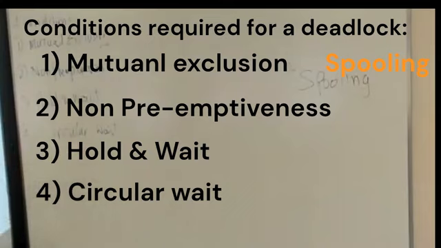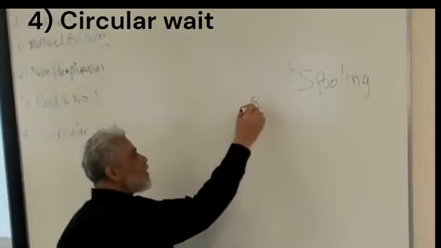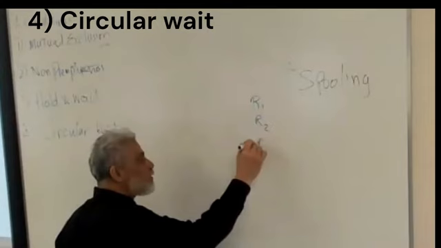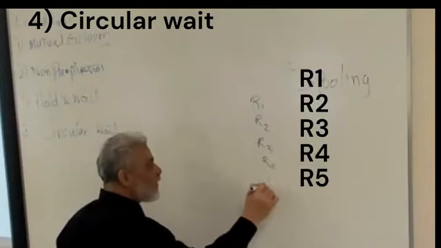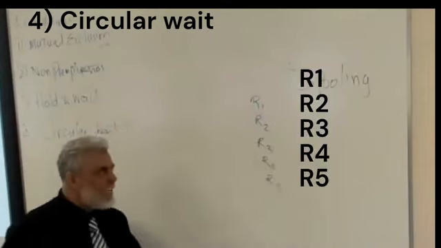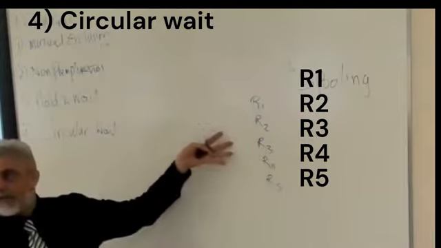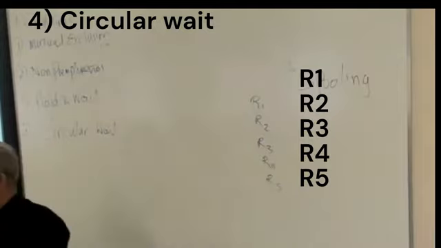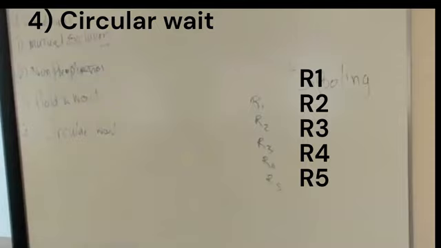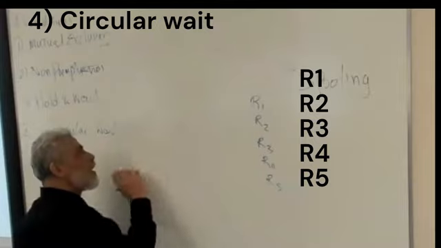Circular wait. How can we stop circular wait? Let's say you have lots of resources. Resource 1, resource 2, resource 3, resource 4. Of course, in every system there are lots of resources. It could be files, hard disks, printers, scanners, whatever it is. Like in a kitchen, you can have knives, plates, forks, mixers, all the tools, the resources that are available. And then these are the processes that come in.